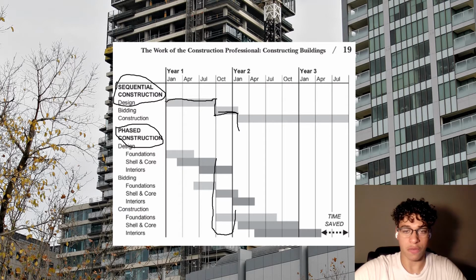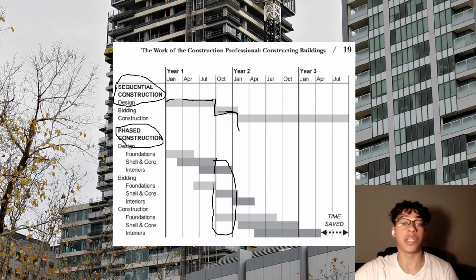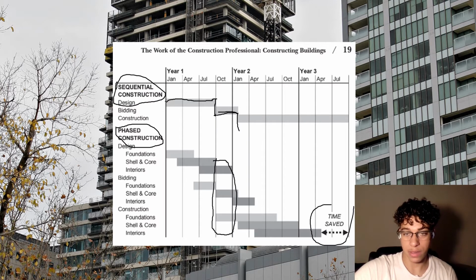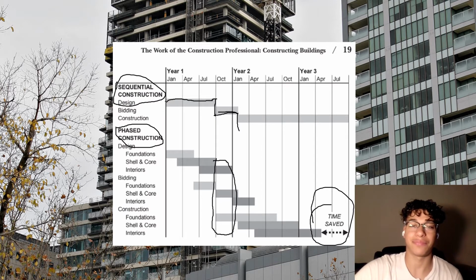As we can see over here, the overlapping activities that are occurring during the month of October are the shell and core design, the bidding in shell and core, and the foundation of construction starts in October. And this is done by architects and engineers to save time.